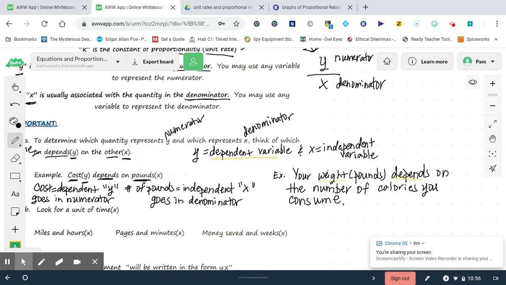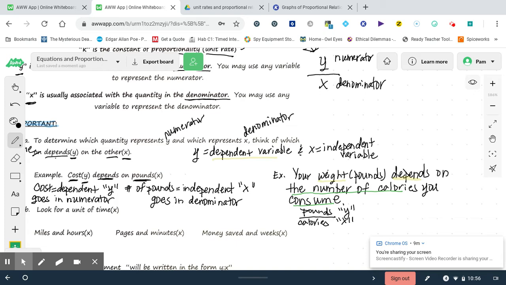So our weight, which would be in pounds, is going to be like y, and it goes in our numerator. And what does it depend on? It depends on the number of calories we take in. So that number of calories is like our x, and it goes in our denominator.